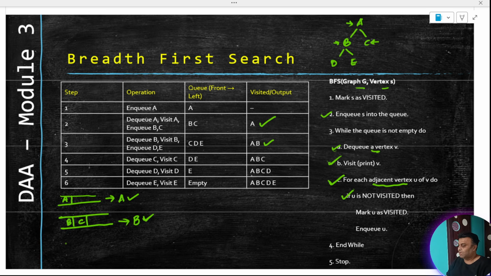C and D. So let's put them out, right? So now my queue will look like B is already taken out, C is there, and D and E will be there, right? Because the adjacencies of B are C and D. So D and E now come here, and then we are supposed to dequeue C. So we will dequeue C from here.